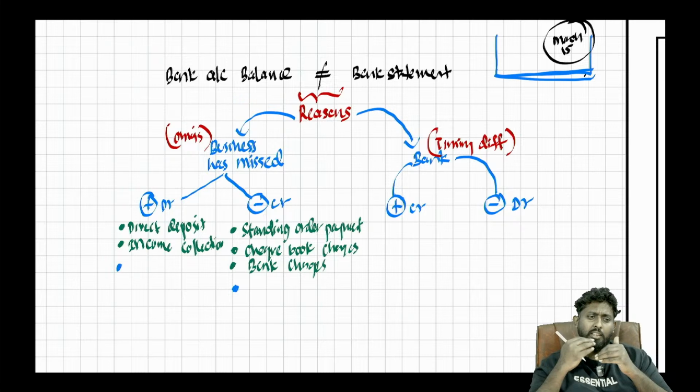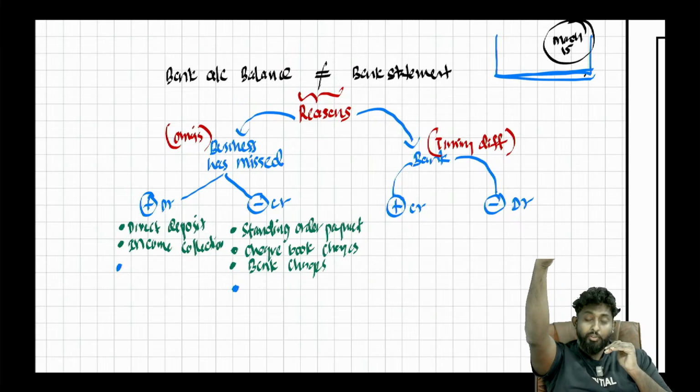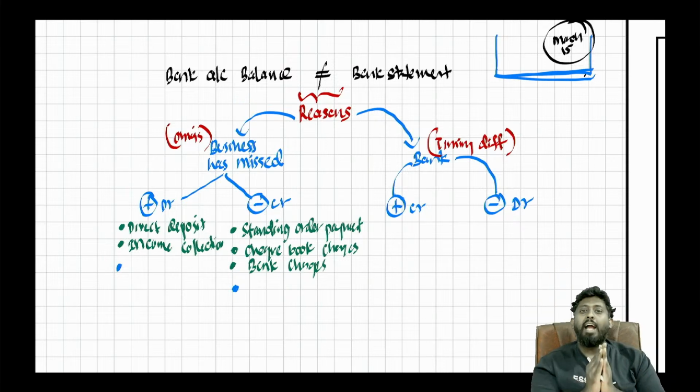So let's understand what this is about. When we deposit a check which is dated in the future, we would add it to our bank account. However, the bank will not add, the bank will not credit.